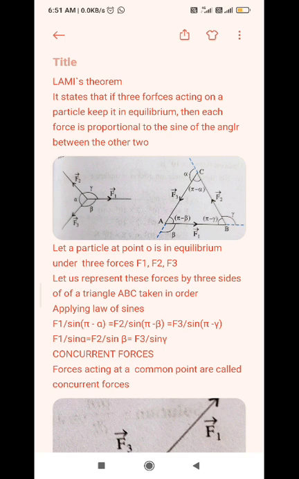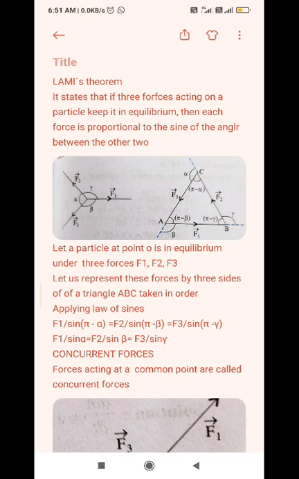The angle between F1 and F2 is gamma, between F2 and F3, that is BC and CA, is alpha, and between F3 and F1, that is CA and AB, is beta. So the exterior angle is gamma, and the interior angle ABC is pi minus gamma.